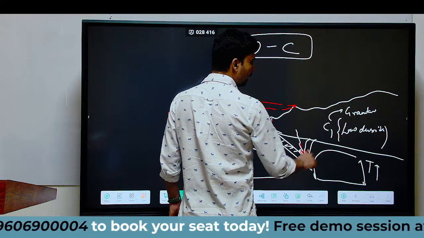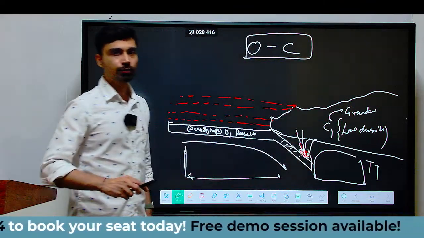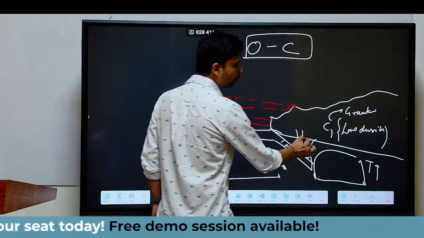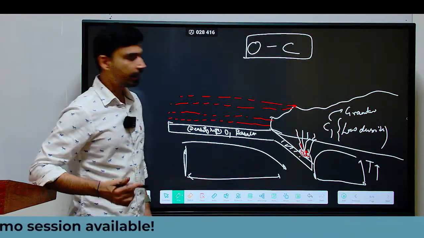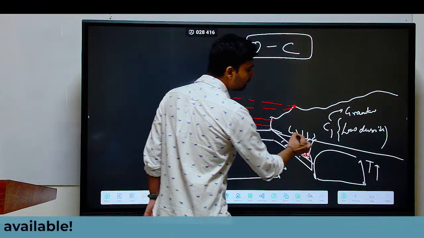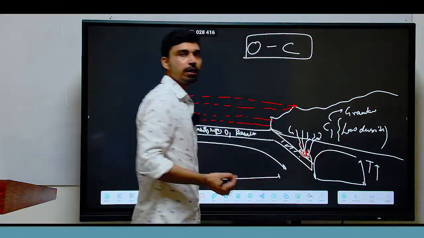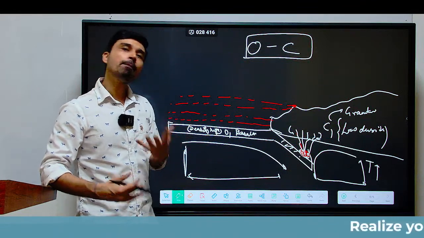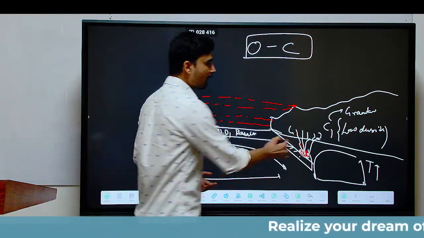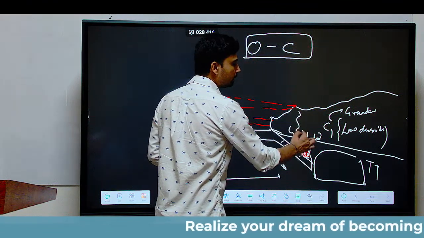As it rises upward, it applies upward pressure or force on the rocks of the continental crust. It causes melting of the nearby rocks of the continental crust, and these molten rocks also become part of the magma as it rises through the continental crust.